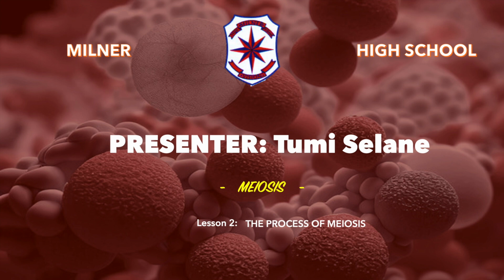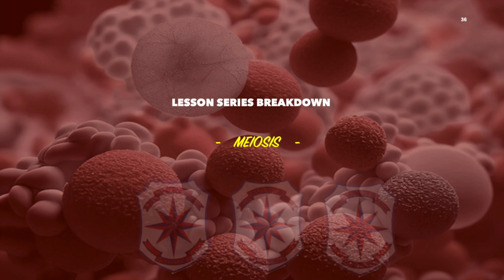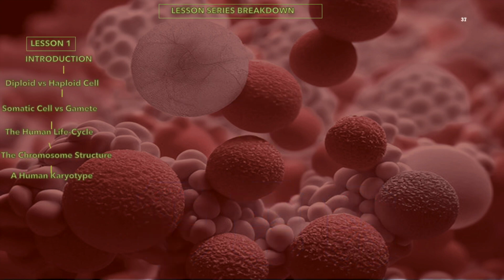Before we delve into the lesson, let us look at how the lesson series is divided. I have decided to do the topic of meiosis in 4 distinct lessons that are contained in 4 individual videos. Okay, let us break down the lessons. In lesson 1, we looked at the introduction to meiosis.